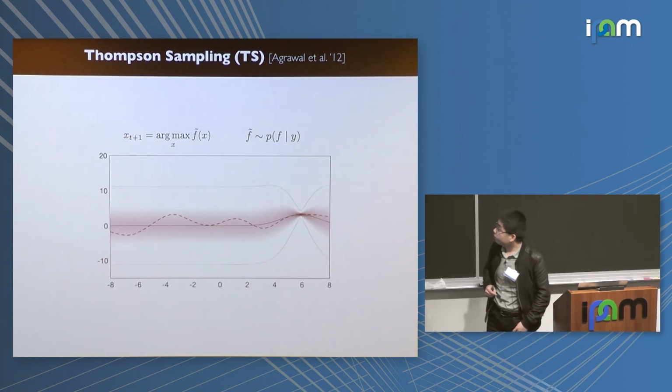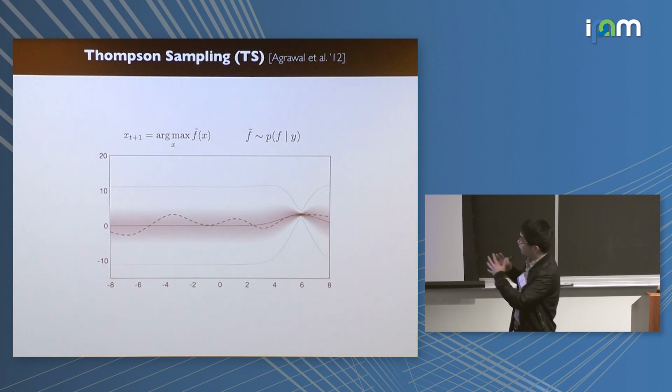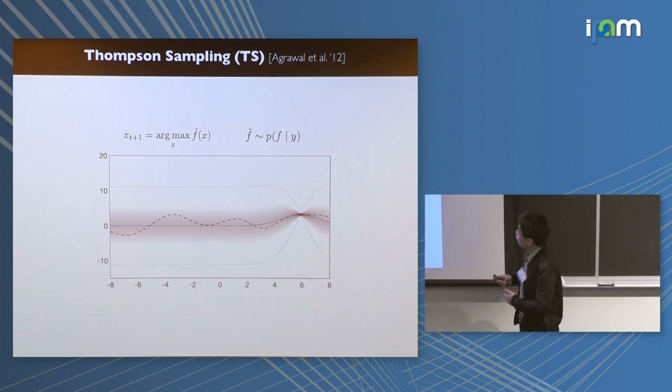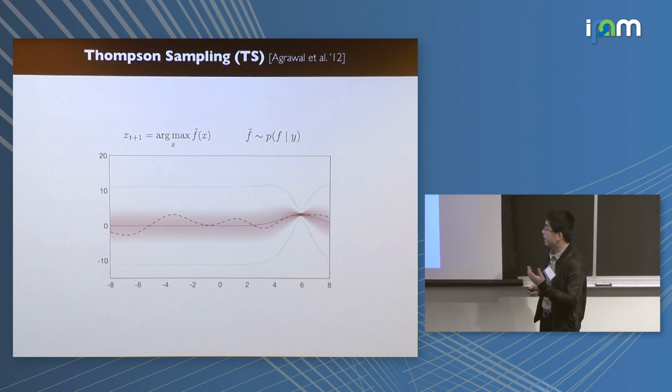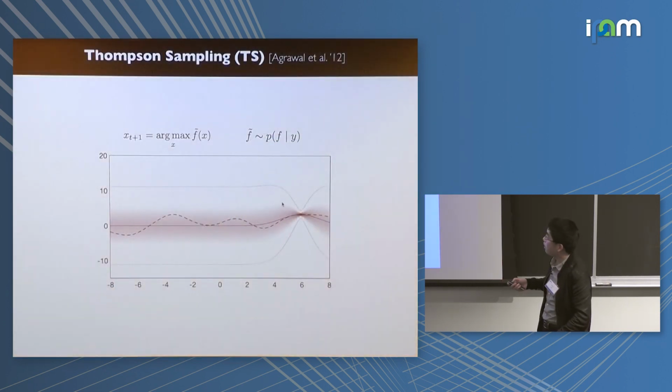So the algorithm works as follows. We have a set of data points, and we compute the posterior over the functions. If we maintain this posterior distribution over the functions, we can do posterior sampling. We can sample one function from the posterior distribution over f, which is represented using this red dashed line here. And at every iteration, we just take the function maxima.